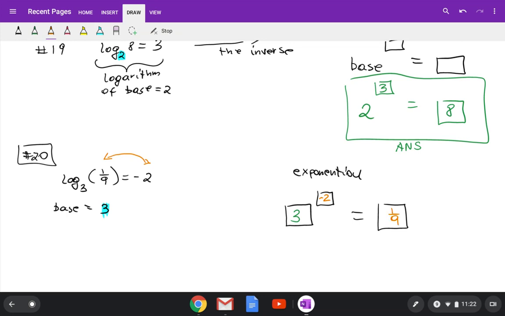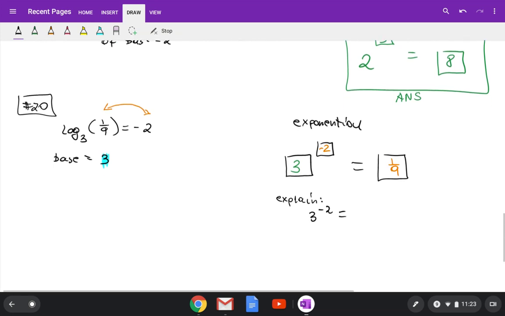And that definitely makes sense because 3 to the power of -2, okay, you don't really need to prove it, but just as an explanation: when you have a negative exponent, that means you take the reciprocal of the base, so you're getting 1 over 3, and the exponent becomes positive.